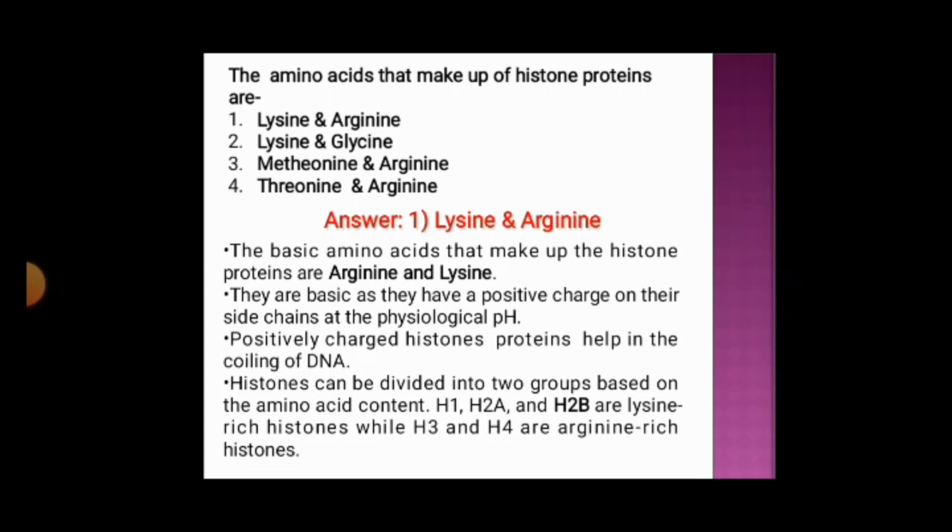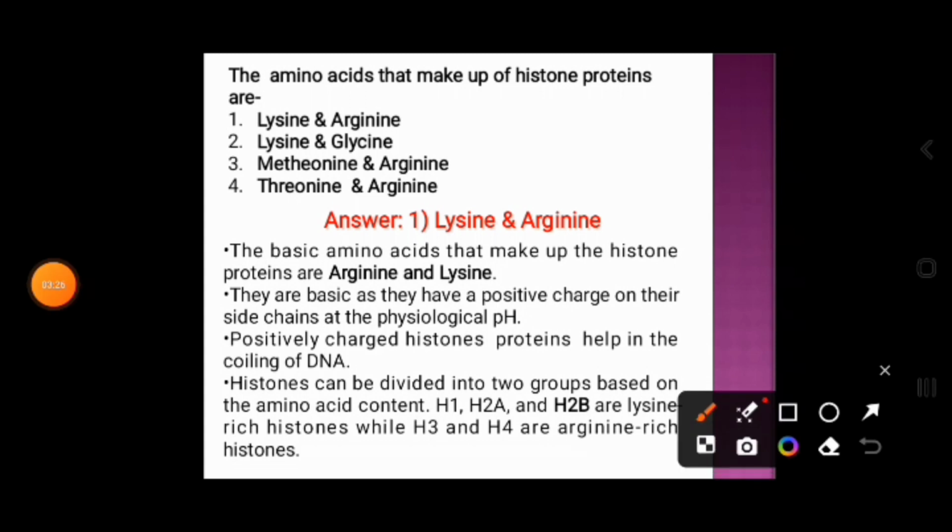They are basic as they have a positive charge on their side chain at physiological pH. Because of the presence of these amino acids, lysine and arginine, the histone proteins are positively charged. These positively charged histone proteins help in the coiling of DNA.